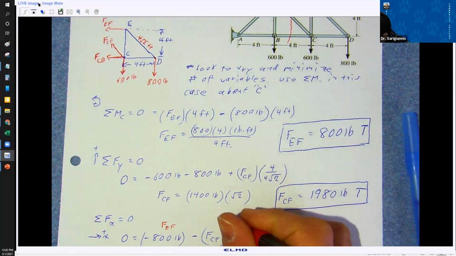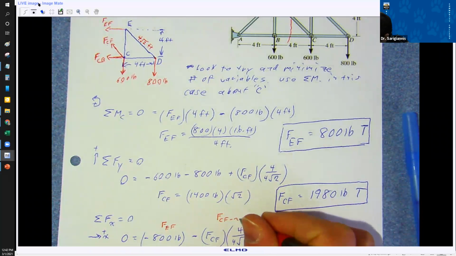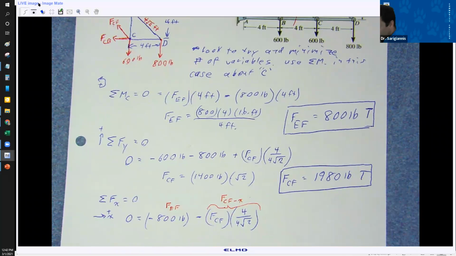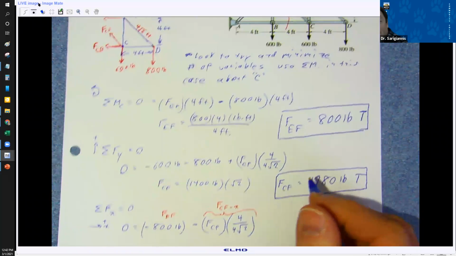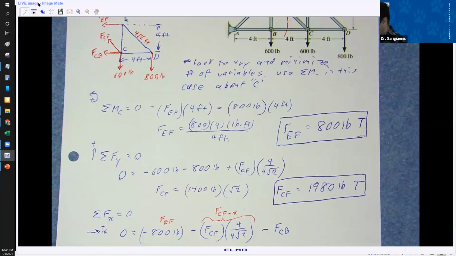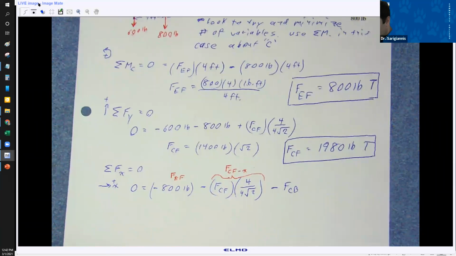This is the X component of FCF. And then we've got minus FCB, right? Because FCB is unknown, but it is an X direction force. These two Y forces are not even part of our analysis.